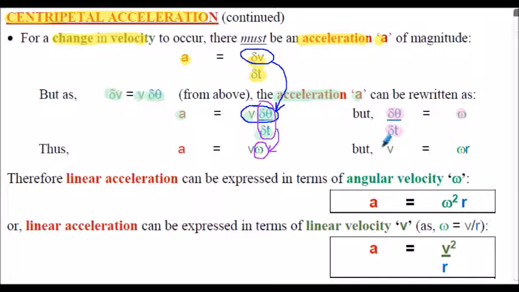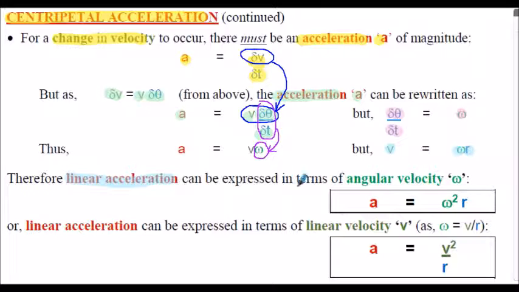And again, from our previous relationship, we know that linear velocity v is equal to the angular velocity omega multiplied by the radius. From this we can now form two equations related to linear acceleration.